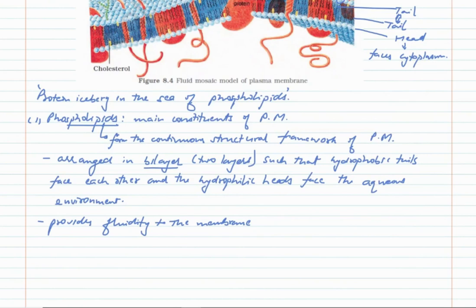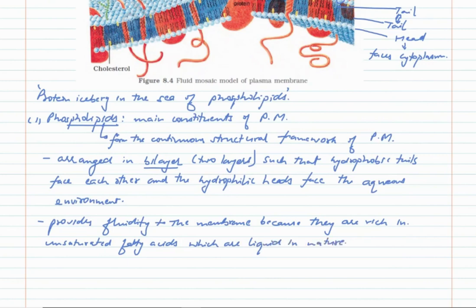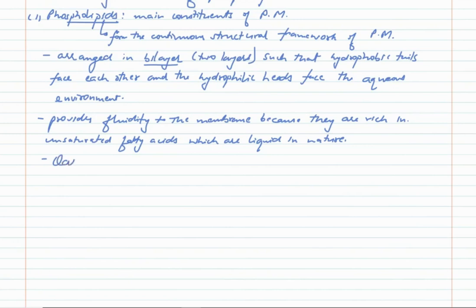There is fluidity due to the presence of these phospholipid molecules because they are rich in unsaturated fatty acids, which are liquid in nature. Plasma membrane is also known as quasi-fluid in nature, which means it can flow.